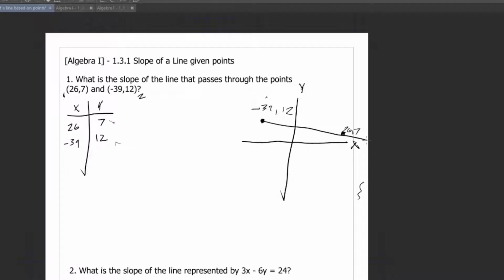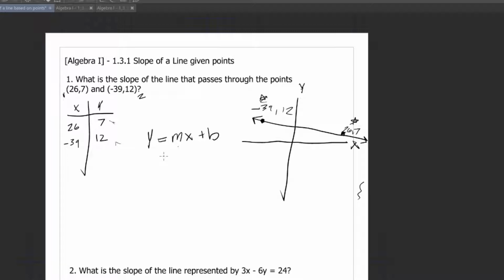So your slope is going down from this point to this point. You have a negative slope, right? And we know our standard format, y equals mx plus b. We know that m is going to be a negative value, okay?